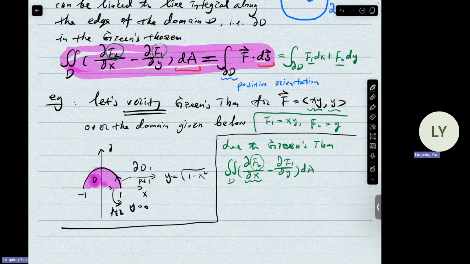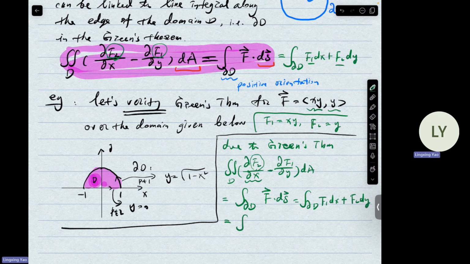This is the left-hand side of Green's theorem, and it is supposed to equal the line integral of this vector field F along this edge, which is F1 dx plus F2 dy.